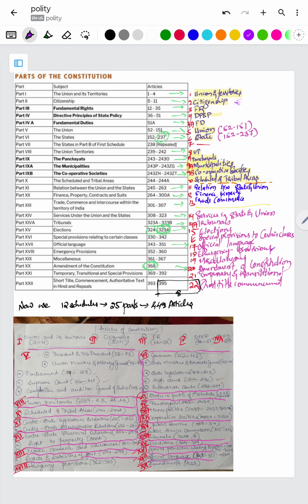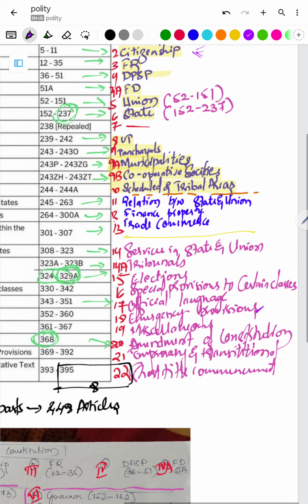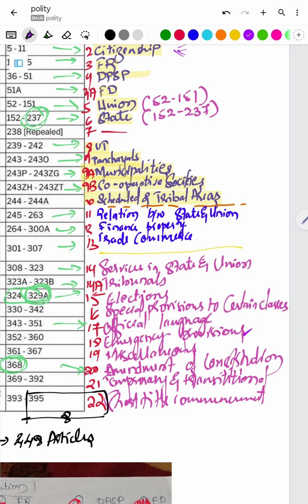Next coming is eighth one, duties. Union, state, seventh one you leave, eighth one you directly jump into it. That is about duties. After that, lowest granularities come according to the granularity, like hierarchy. Union comes first, states, then union territories.